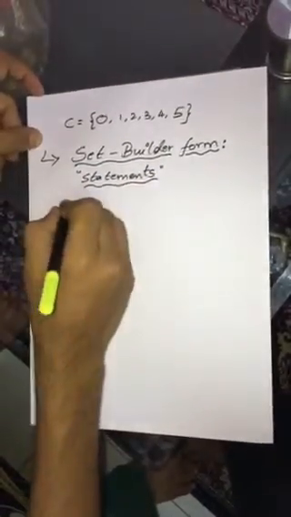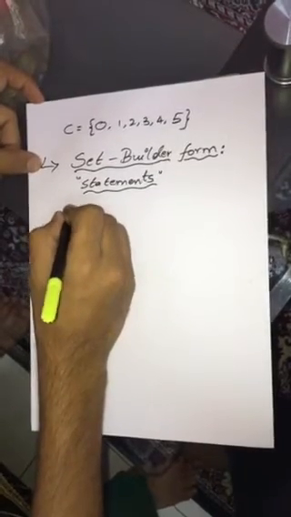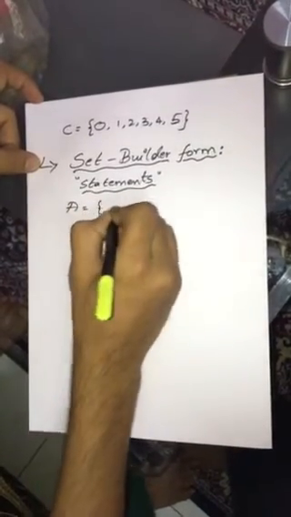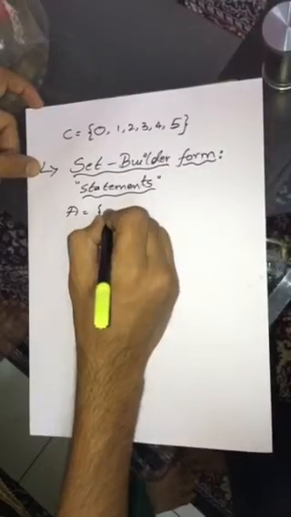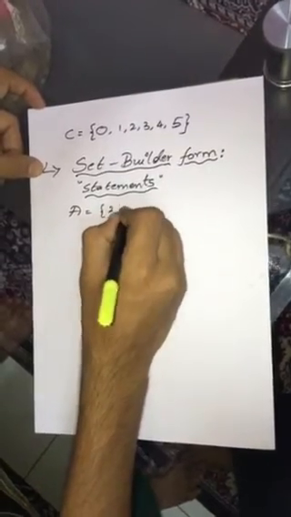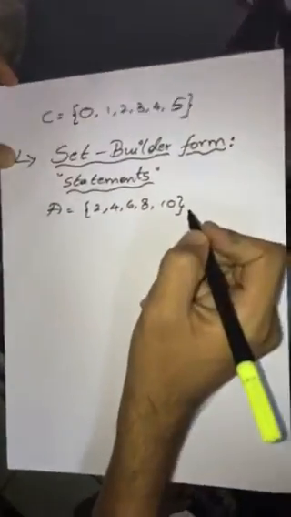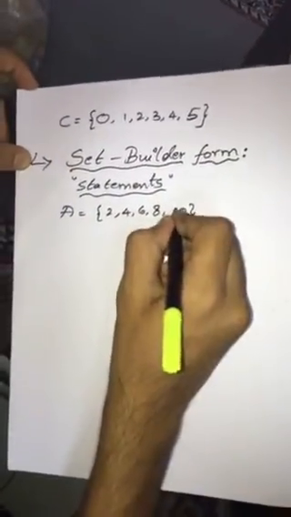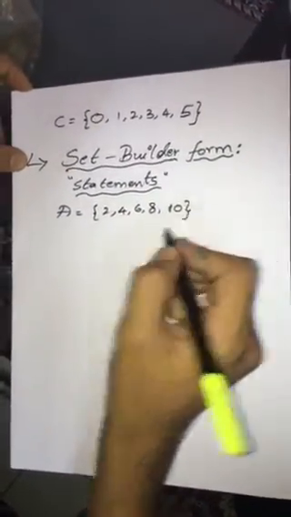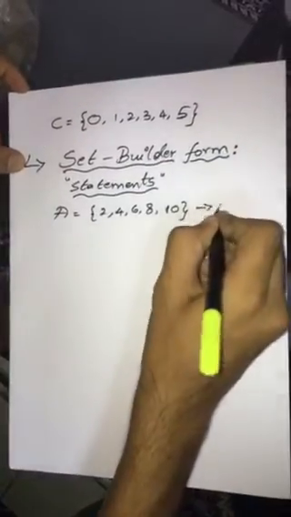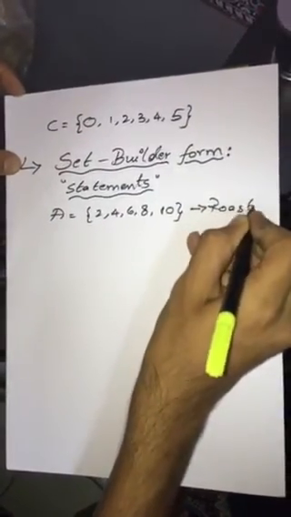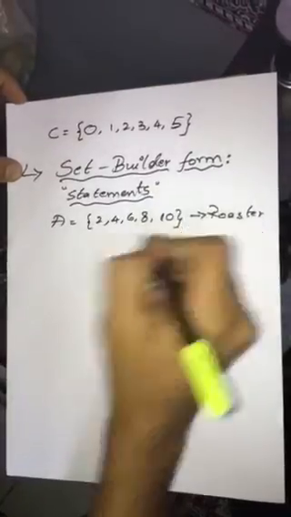For example, we'll take the examples of the previous sets, that is set A. Set A was the even numbers, 2, 4, 6, 8 and 10. These are the first 5 even numbers. Now this is the roster form. Now I need to write this roster form into set builder form.